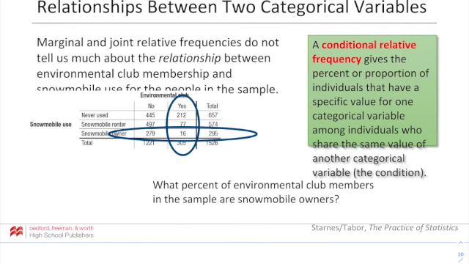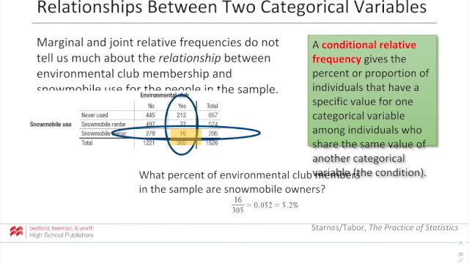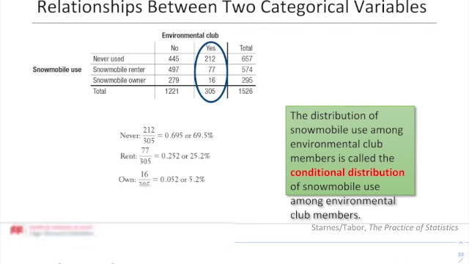So they are in the club is that vertical circle there. It said yes, there's 305. So out of the 305, how many of them are snowmobile owners? Well, that would be the overlap of the two ovals. We have 16. So 16 of the 305, which is 0.052, so approximately 5.2% of environmental club members in the sample are snowmobile owners.